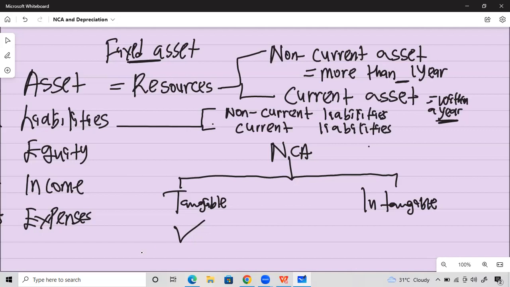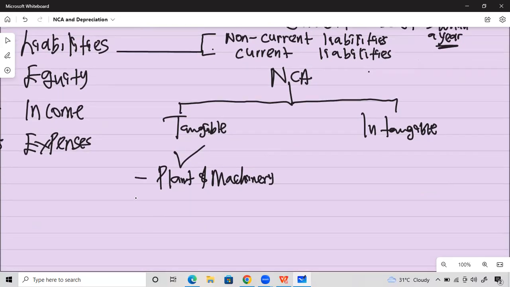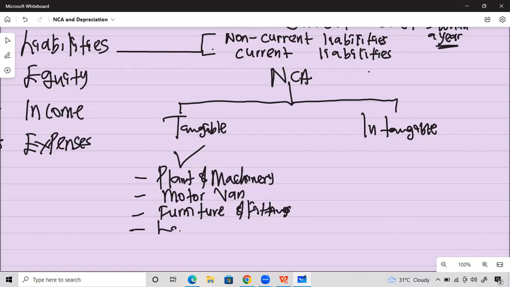Examples of them are your plant and machinery, your motor van, your furniture and fittings, your land and building.